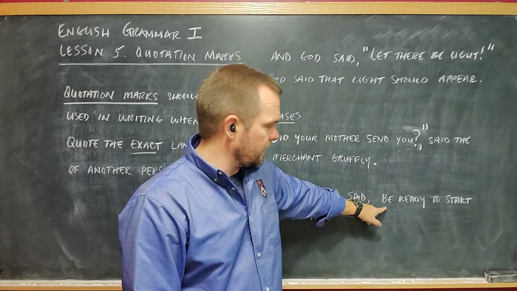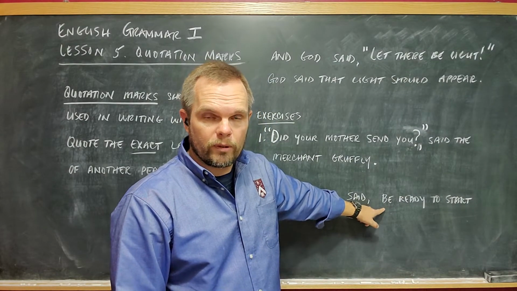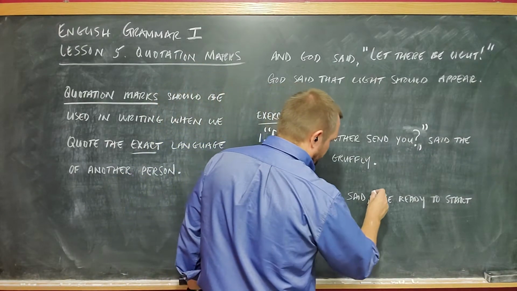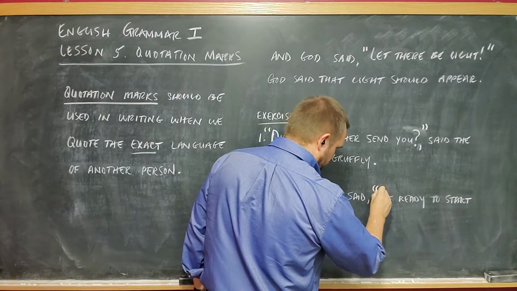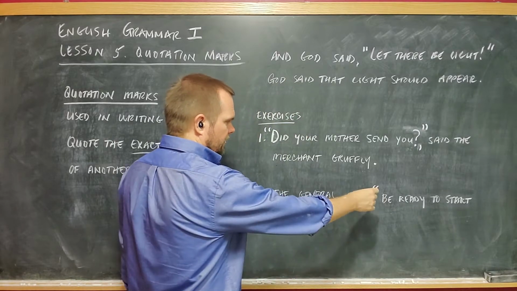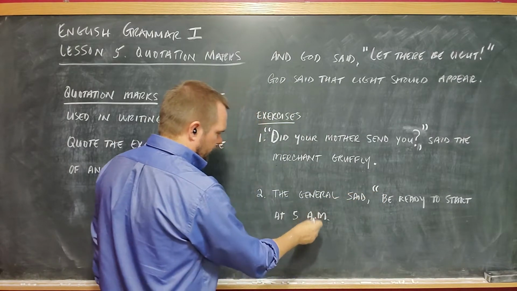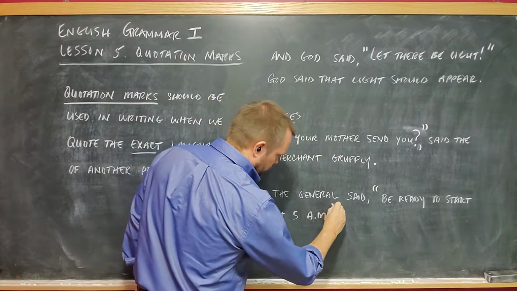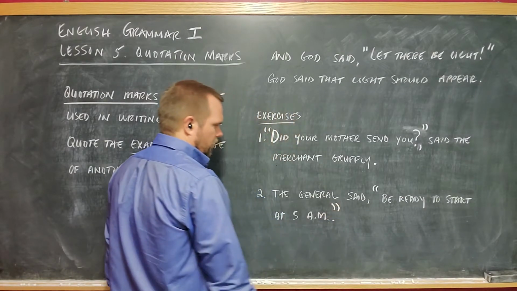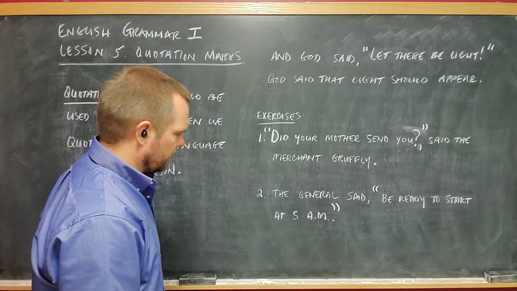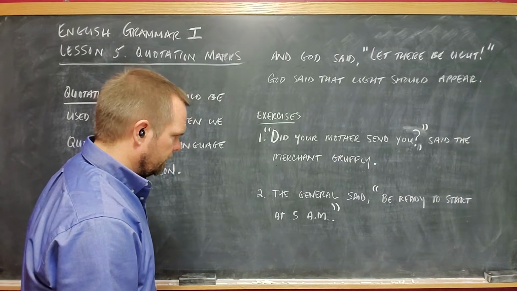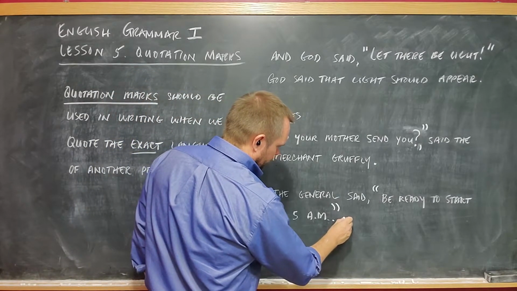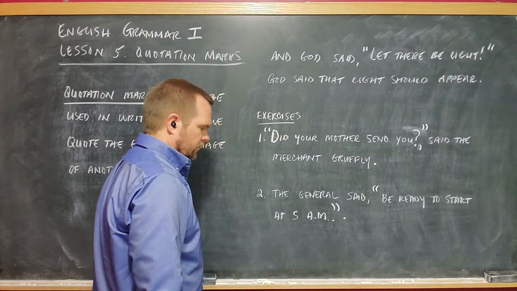So his words right here, we need to put a quotation mark before the word "be." The general said, quotation mark, be ready to start at 5 a.m., period, and we put a quotation mark at the end to show that his words stop there. Okay? And we need to put a period at the end of the sentence outside the quotation marks too.